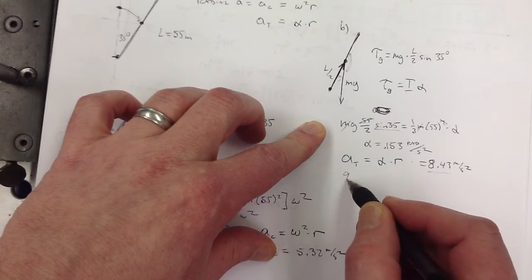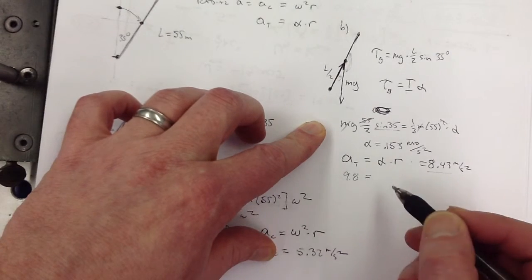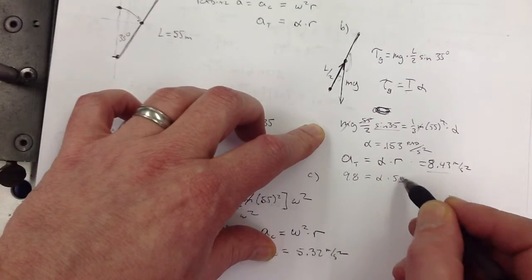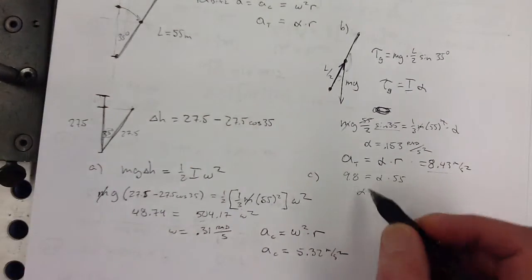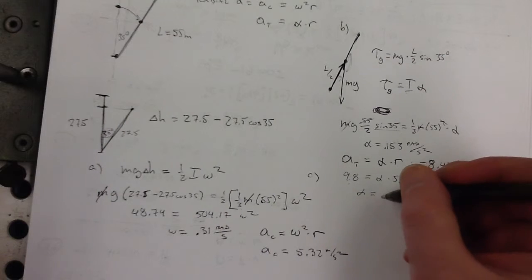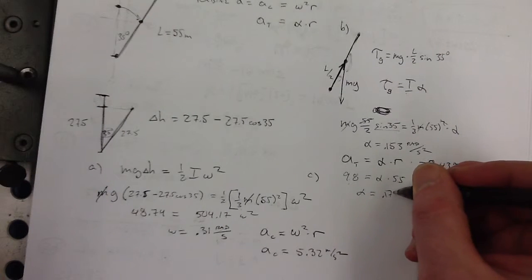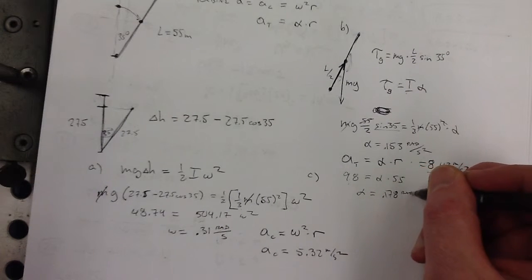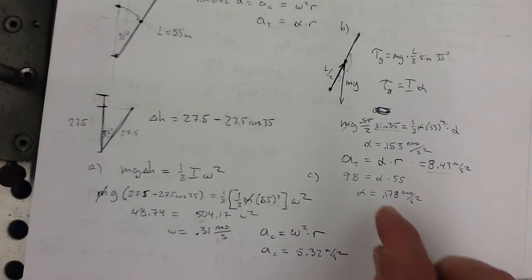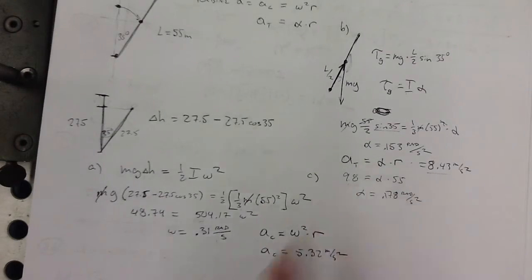So if I want the tangential acceleration to be 9.8, this is part C now, then my angular acceleration would have to be whatever 9.8 over 55 is, about 0.178 radians per second squared. That's the angular acceleration that would result in having a tangential acceleration of 9.8.